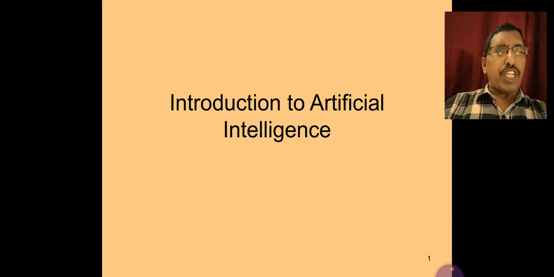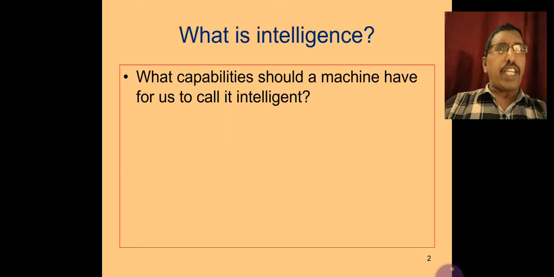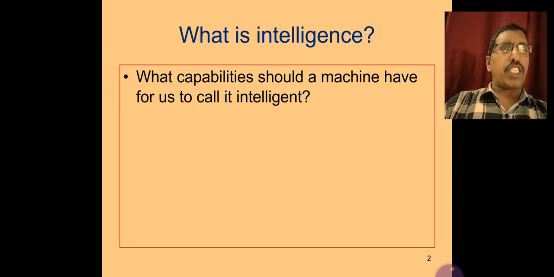In this video, I am going to give you an introduction, a very brief introduction indeed, to the term artificial intelligence. Before going to define the term artificial intelligence, we need to define the term intelligence. But there is a block here. There is no universally accepted definition of the term intelligence. We know what intelligence is, at least we think we know, but scientifically there is no universally accepted definition for the word.